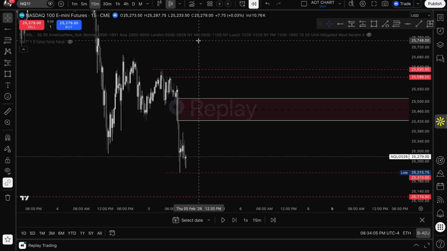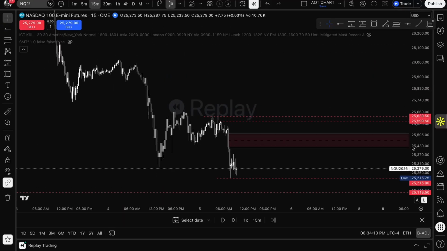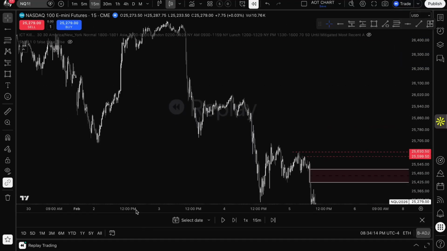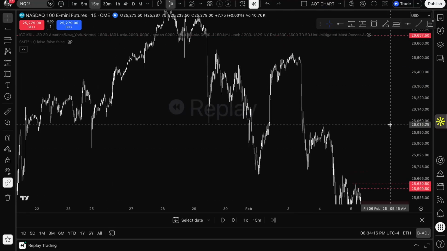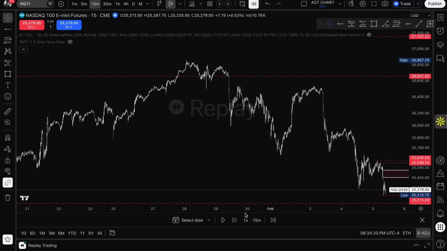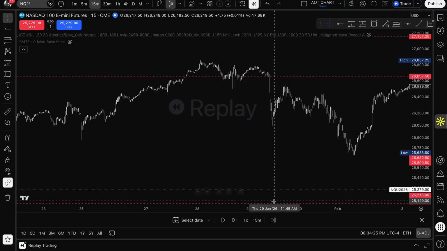That's what it's called. I mean, technically, yeah, because all a continuation is, we're already going in one direction, right? You see how price dumped lower here. So we dumped lower, so obviously we're bearish.